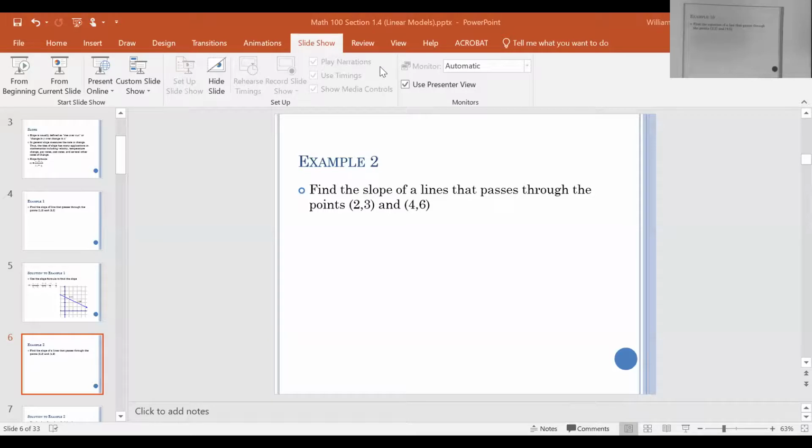Let's go to example 10. And I think I'll go ahead and bring it back up. Go back to the screen share. Where's the, here it is. Okay, so we're back to the screen share.